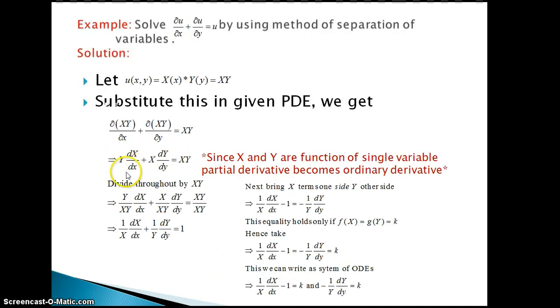Then further, to separate the capital X terms on one side and capital Y terms on the other side, just divide throughout by x into y, that is u. So then in the first term, y by xy, y gets cancelled, we get (1/X) dX/dx, plus similarly in the second term, x by xy, x gets cancelled, we remain with (1/Y) dY/dy, that is equal to, on the right-hand side, xy by xy, that is 1.